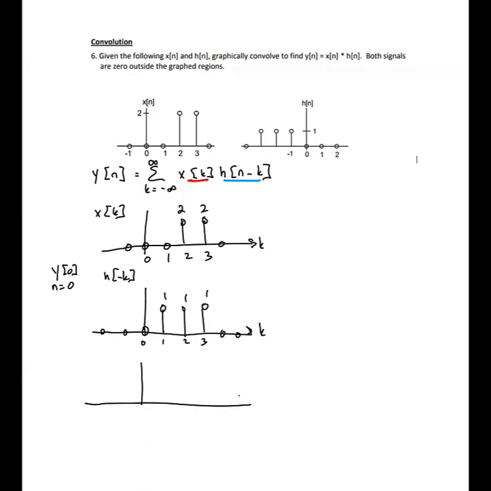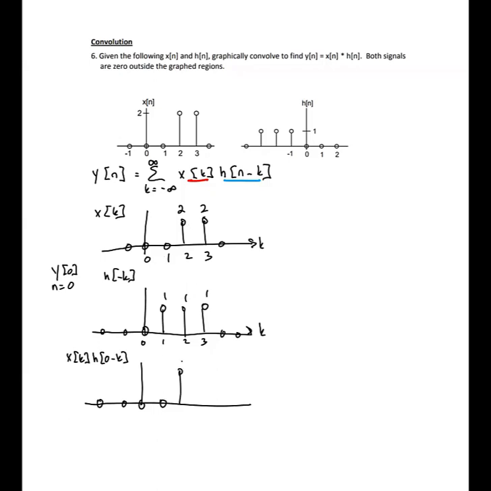Now we can multiply our x of k with our h of 0 minus k, and we'll have our first product that we can sum to find our y of 0. When we multiply these, we see we're always multiplying zeros by zeros out here. Finally, we get to a non-zero.